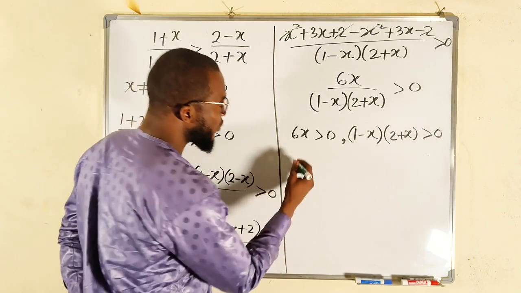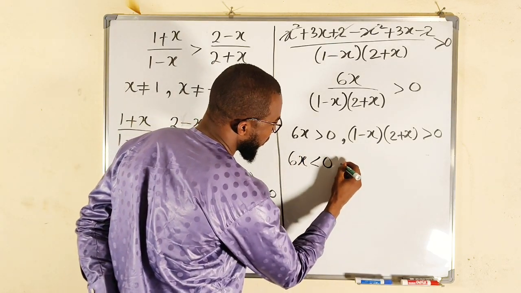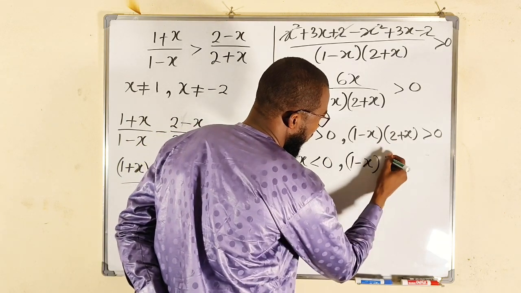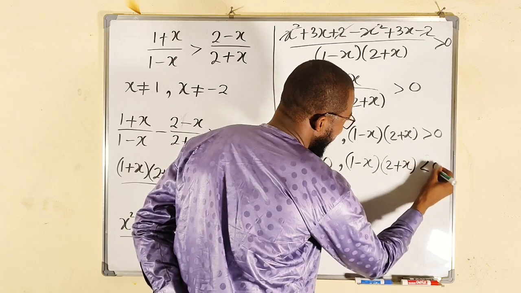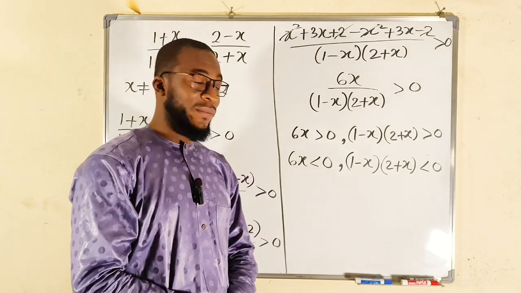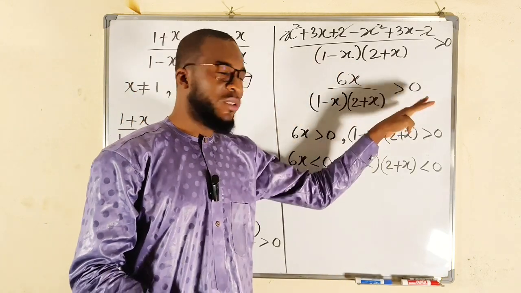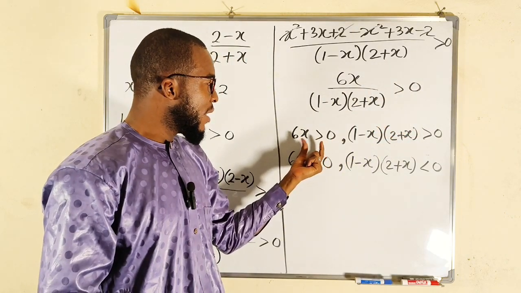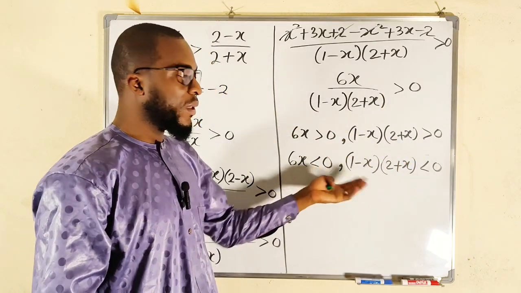And the second condition is when 6x is less than 0, as well as (1 - x)(2 + x) also less than 0. Remember, negative divided by negative will give us positive. So since we know that the whole of the left hand side is a positive number, this is why it is greater than 0. It implies either the top and the bottom are all positive values, or they are both negative.